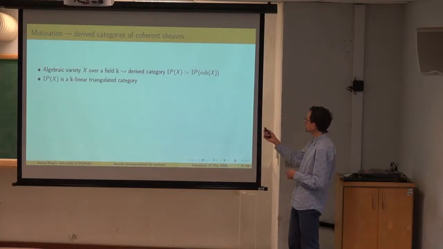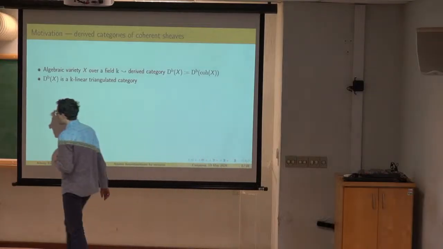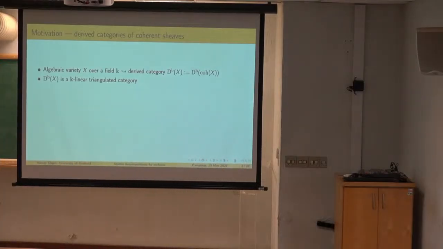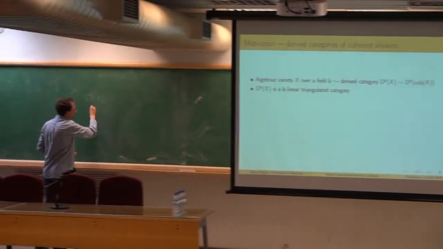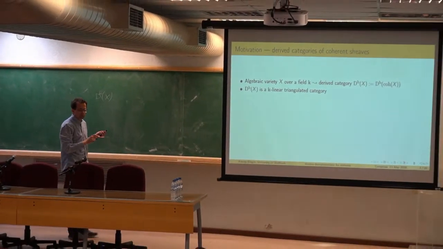to any such variety, one associates a category called the derived category of the variety, D(X). The objects of this category are bounded complexes of coherent sheaves.